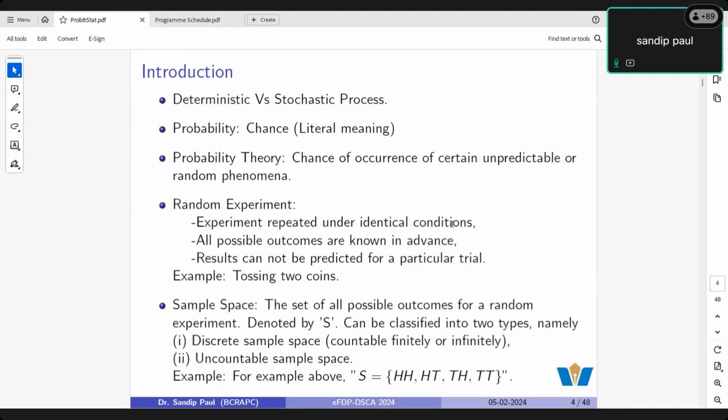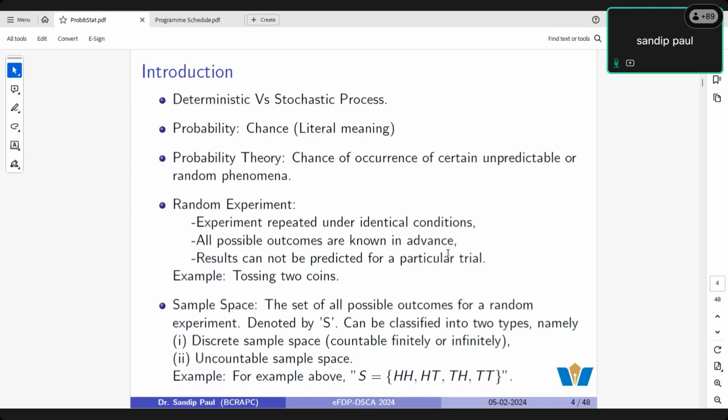Suppose we are tossing a coin. This is the experiment which can be performed multiple times. But in a particular performance of that experiment, in a particular toss, we cannot say what will be the result obtained after tossing. We are tossing the same coin in the same conditions, but we cannot say the result.